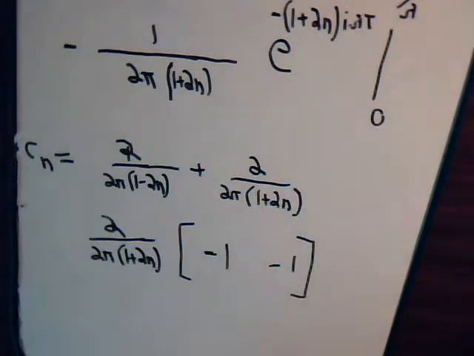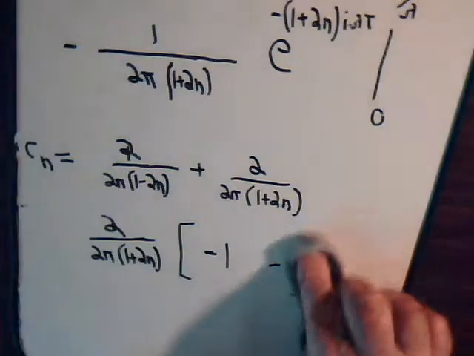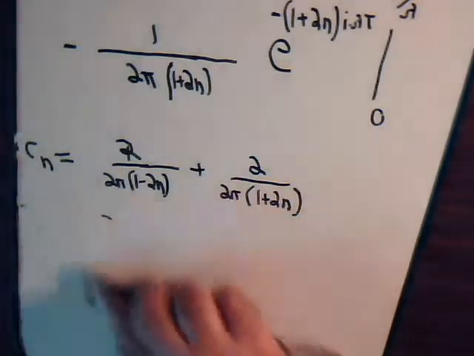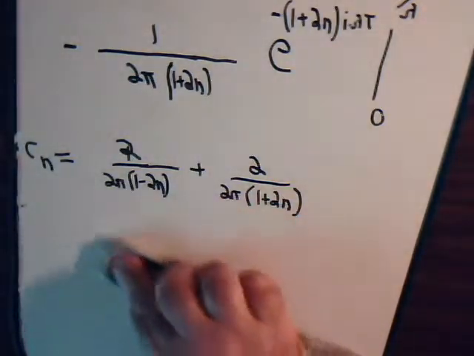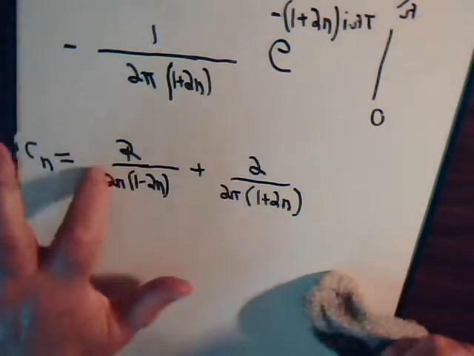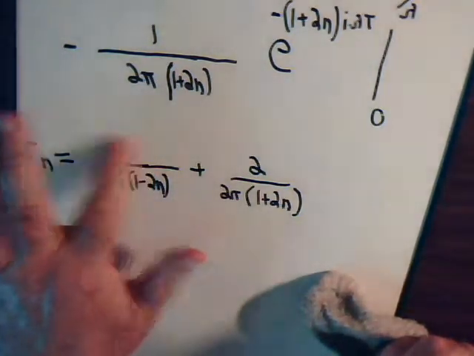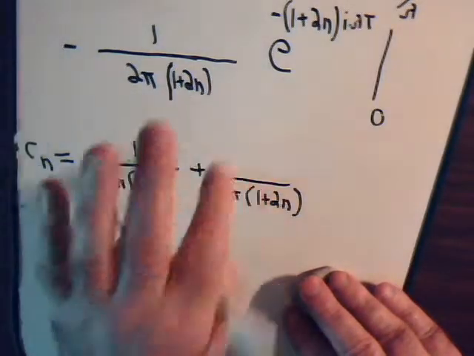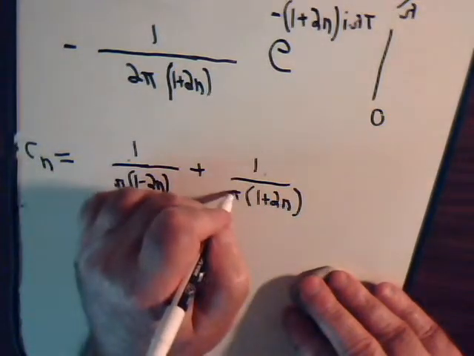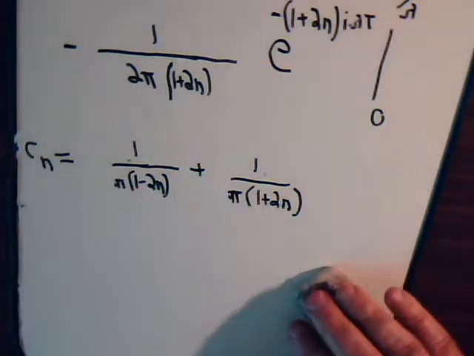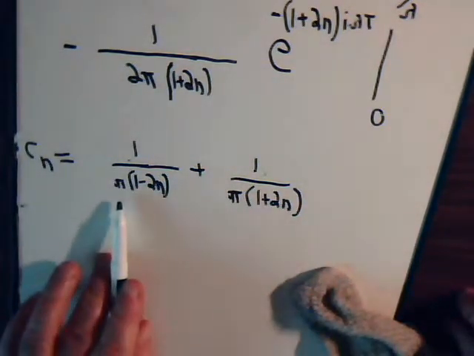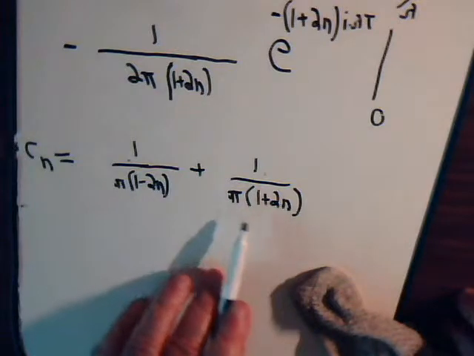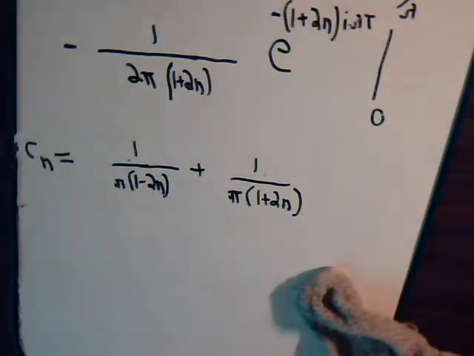So there's our expression for C sub n, and the 2's also will cancel. So we get rid of this 2 and this 2. So we have 1 over pi, 1 minus 2n plus 1 over pi, 1 plus 2n.